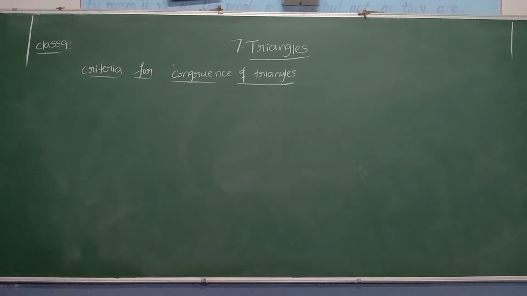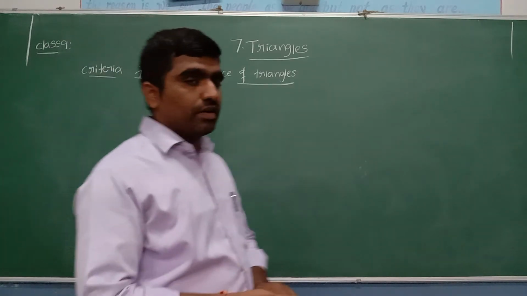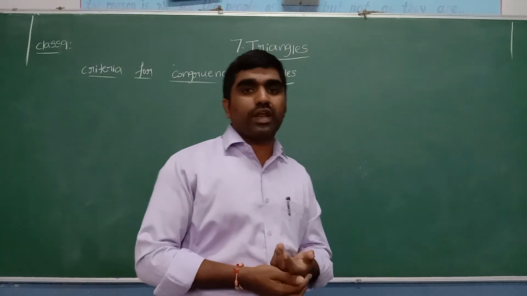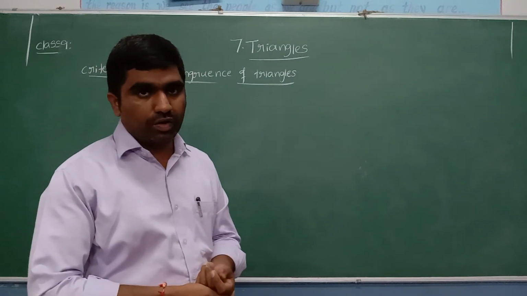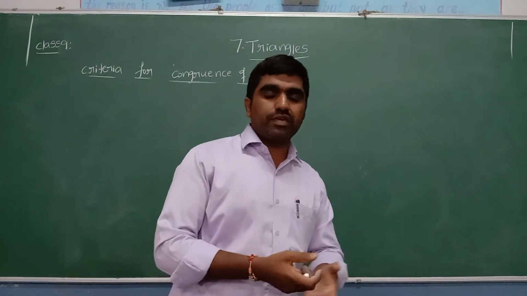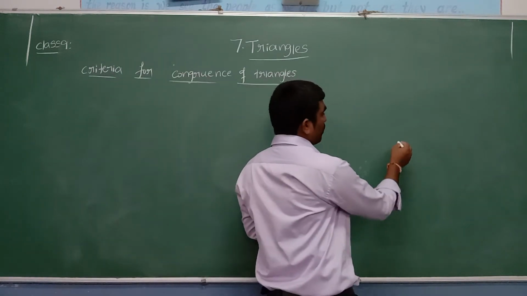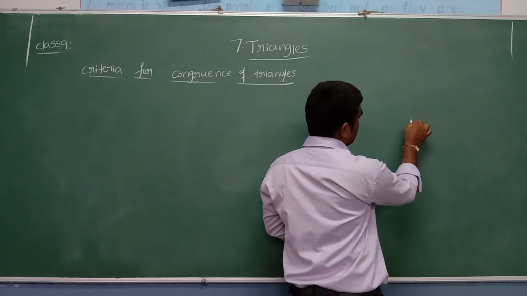Yes, children, in 7th class we learned some criteria which help us verify whether the given two triangles are congruent or not. Let me recall what criteria we learned in 7th class.